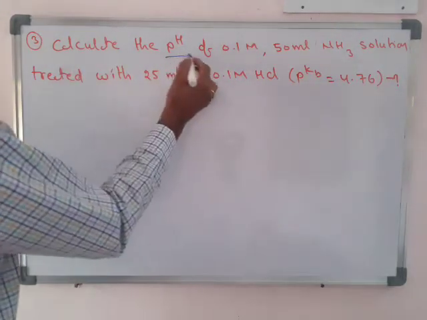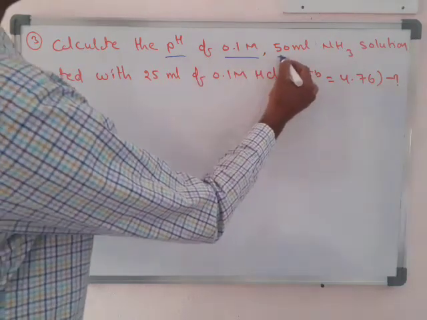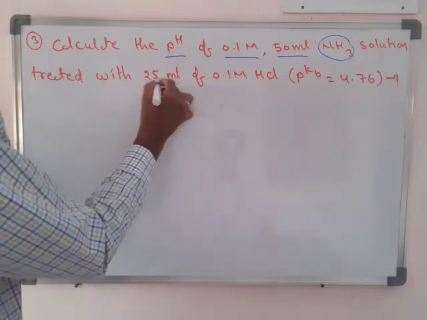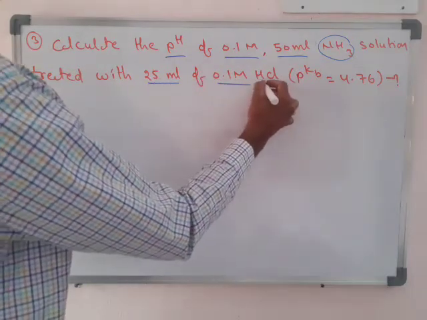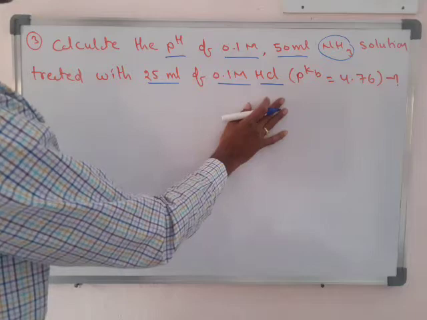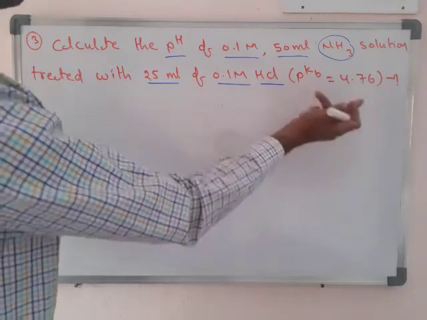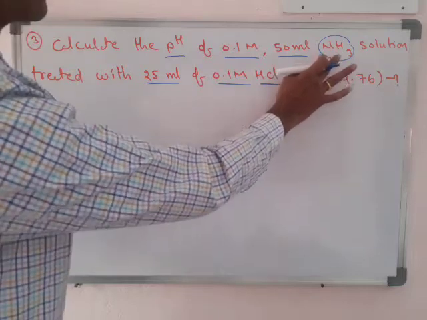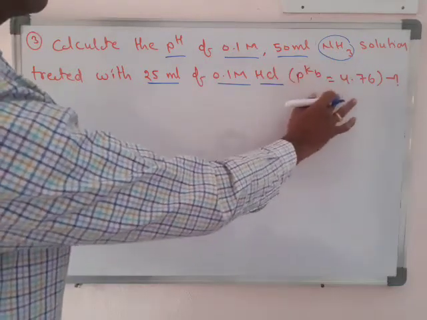So calculate the pH of 0.1 M 50 ml ammonia solution when treated with the 25 milliliter 0.1 M HCl. So here pKb means we know it is always for a weak base. So ammonia is a weak base. Its pKb is given.